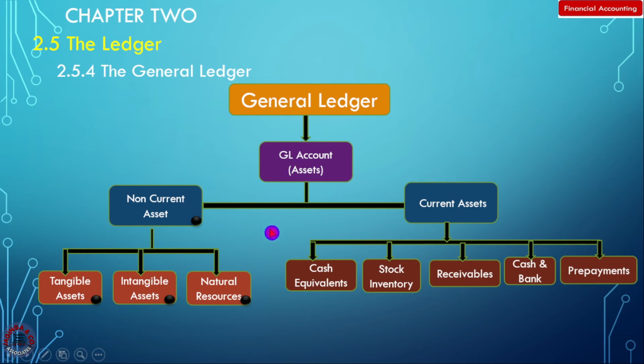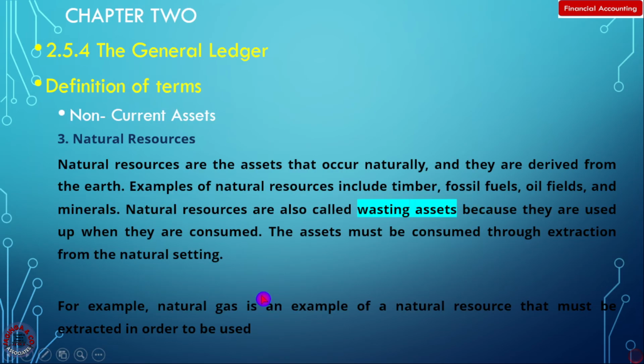So again, we are asking, what are natural resources? When we talk about natural resources, we mean natural resources are assets that occur naturally and they are derived from the earth. So a natural resource is a resource that occurs naturally.